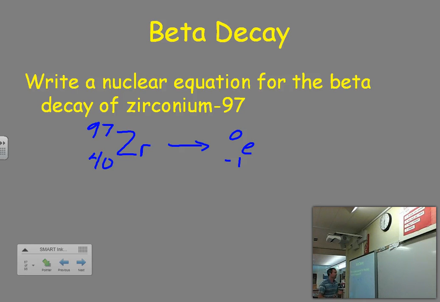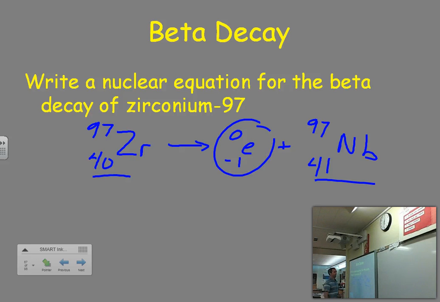So in other words, my atomic number will go up by 1 because I'm adding a proton. So my atomic number turns to 41. My mass number is still 97 because remember, electrons have no mass. And so I look up number 41, and it's Nb. So here's my parent, my daughter, and my radiation.